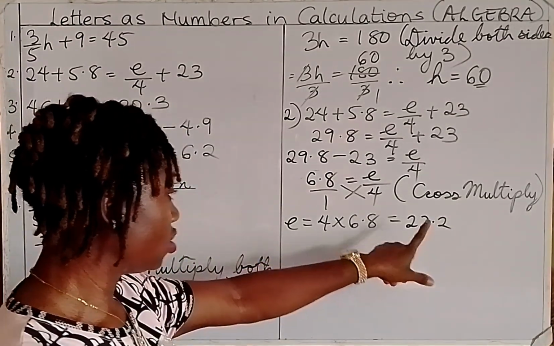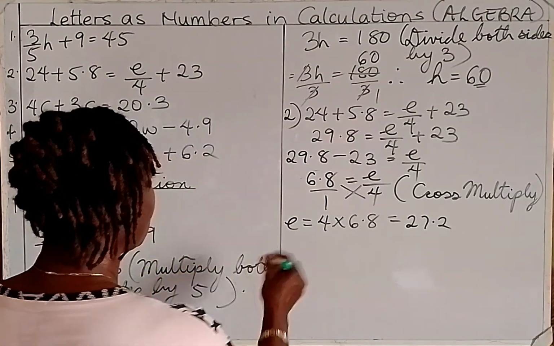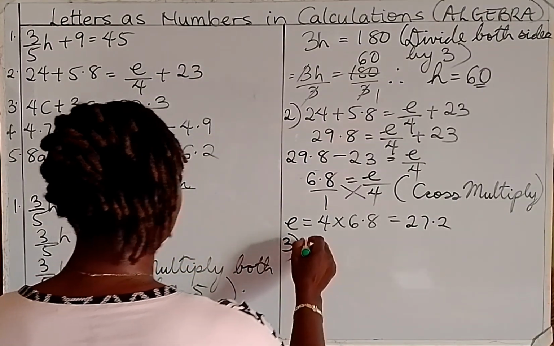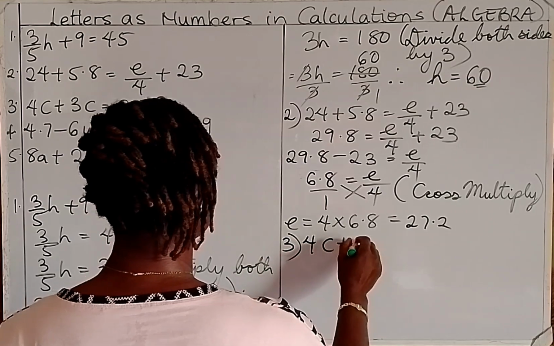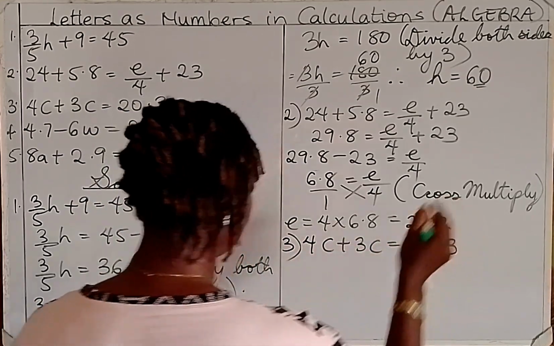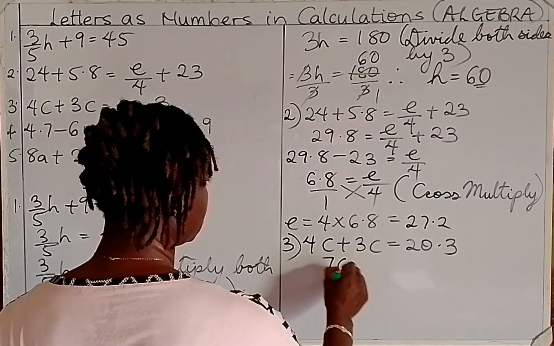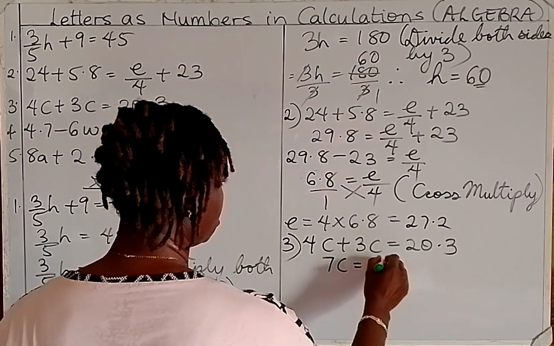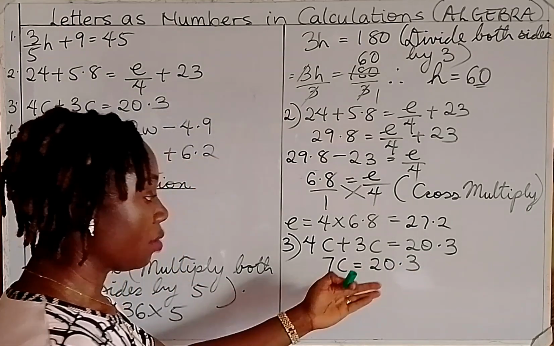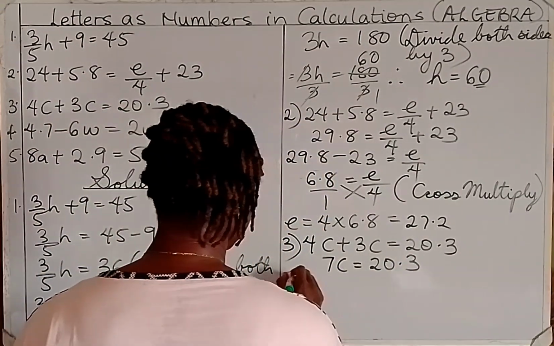The value for E is what? 27.2. Okay. Question 3. We have 4c plus 3c equals 20.3. Where 4c plus 3c equals what? 7c equals 20.3. From here, we're going to divide both sides by 7.